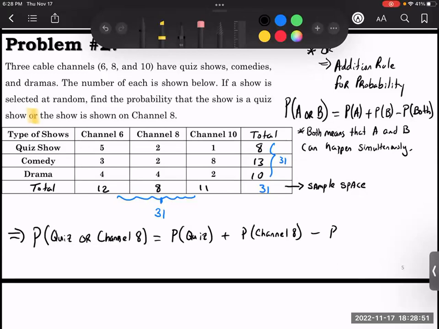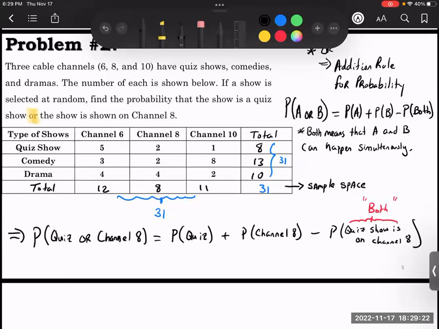In the context of this problem, both just means that the quiz show is on channel 8. Again, that's just a long phrase to say the word both.